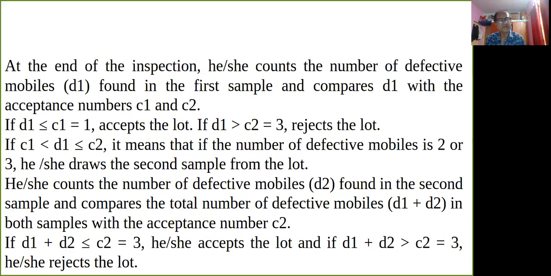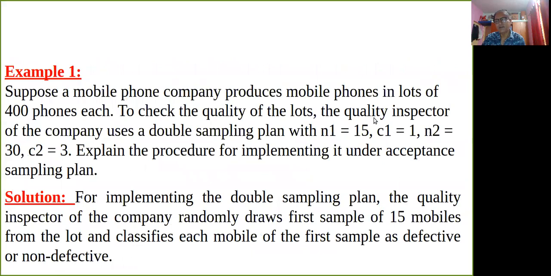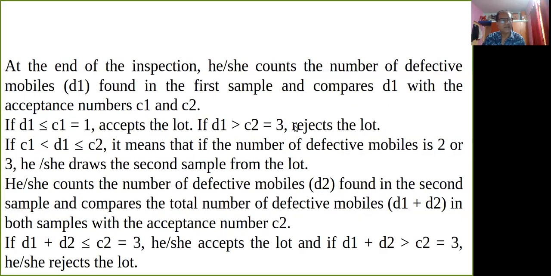So if D1, the number of defectives in the first sample, is less than or equal to 1, because C1 equals 1 here, that is, if D1 is less than or equal to C1, then we can accept the lot.